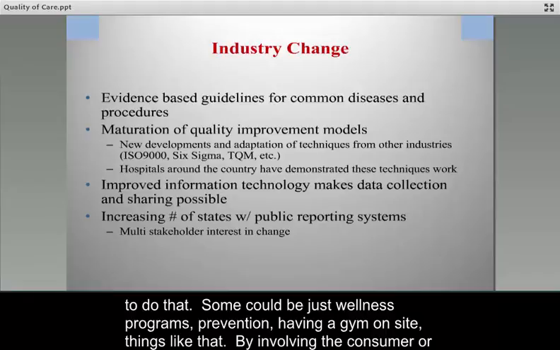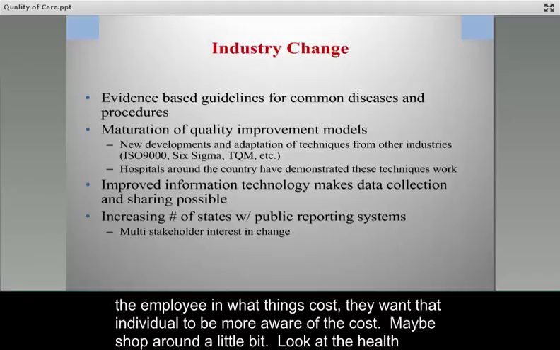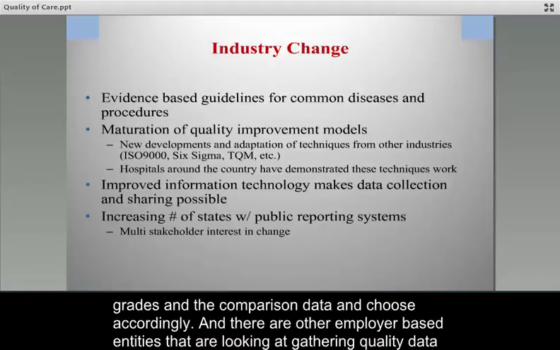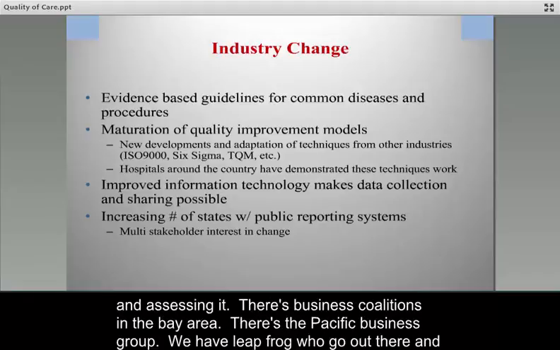By involving the consumer or the employee in what things cost, they want that individual to be more aware of the cost, maybe shop around a little bit, look at the health grades and the comparison data, and choose accordingly. And there are other employer-based entities that are looking at gathering quality data and assessing it.